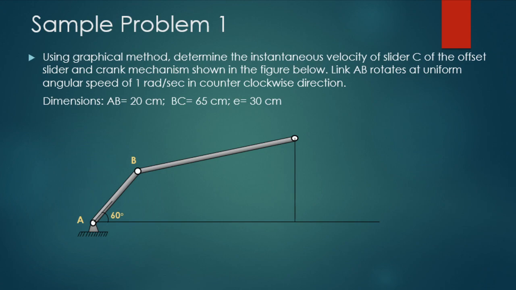So length BC, so what is it? Your graphing on the graphing paper should intersect at point C, along the line E, and the length BC, which is 65 centimeter in actual, but in your graphing paper we have 65 millimeter, and then the E is equivalent to 30 millimeter.